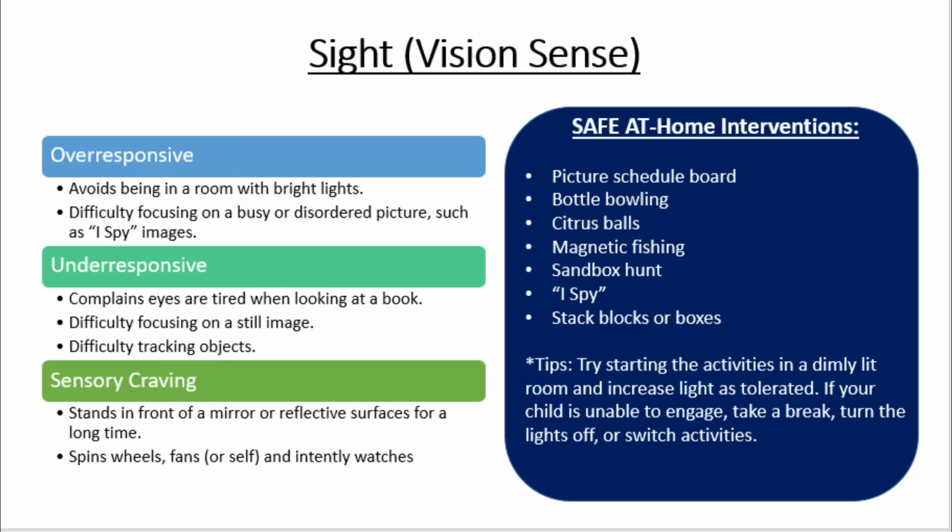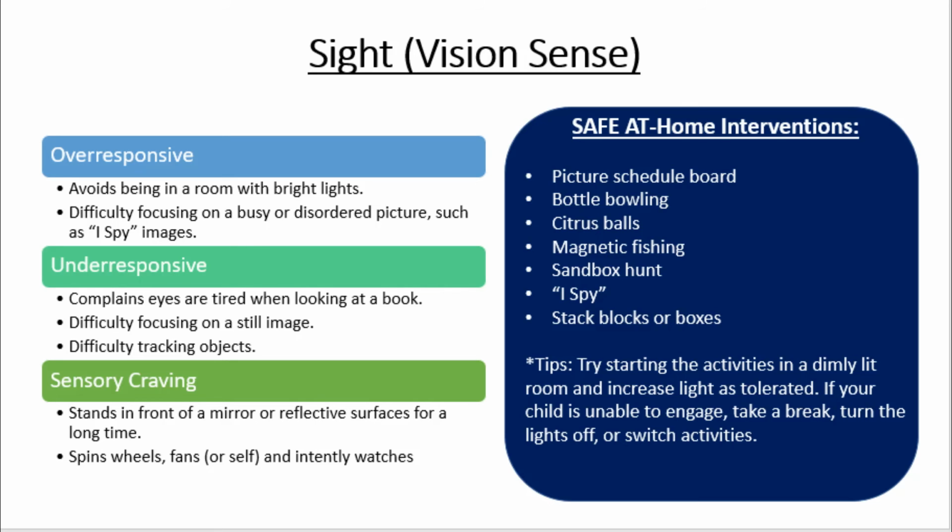For sight or the vision sense, kiddos who are over-responsive may avoid being in a room with bright lights. They may prefer to play in the basement or someplace that's dimly lit. They may have difficulty focusing on a busy or disordered picture, such as I spy images. Kiddos who are under-responsive may complain that their eyes are tired when looking at a book.